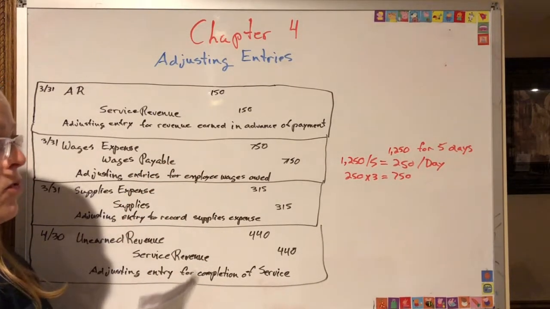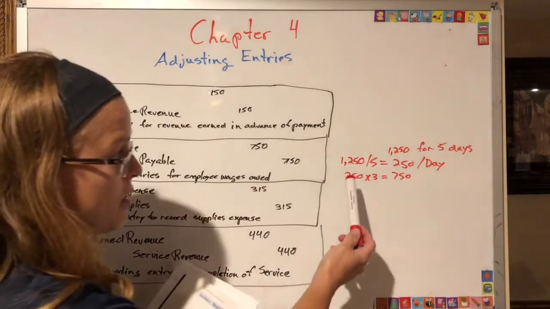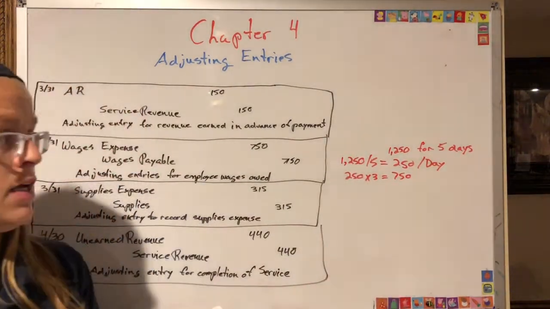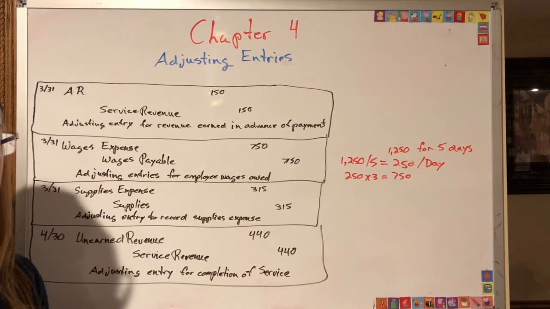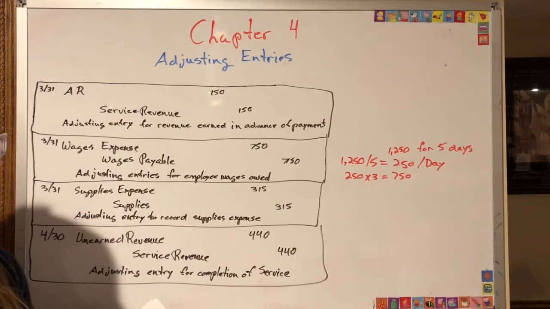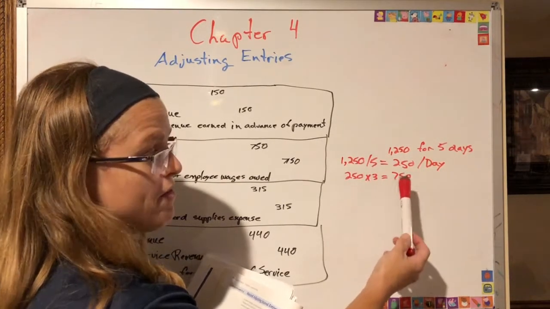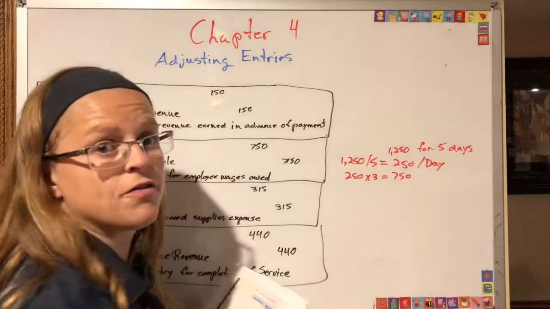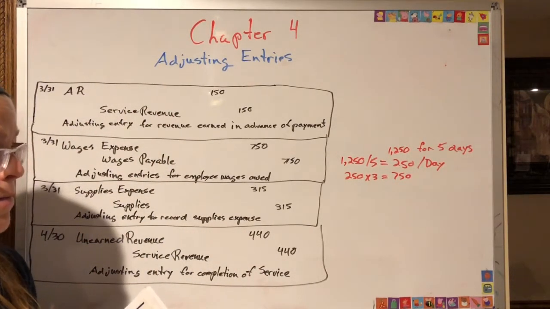Anne pays her employees at Greater Athletic Performance $1,250 for 5 days. So all her employees are paid a total of $1,250 for 5 days. So if we break it down, 1,250 divided by 5 equals $250 a day. So her employees earn $250 a day.